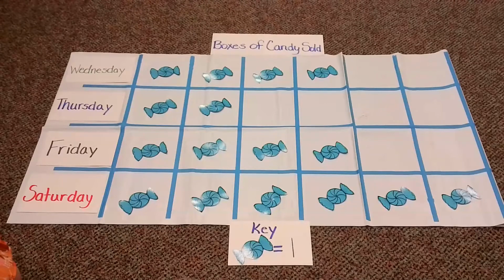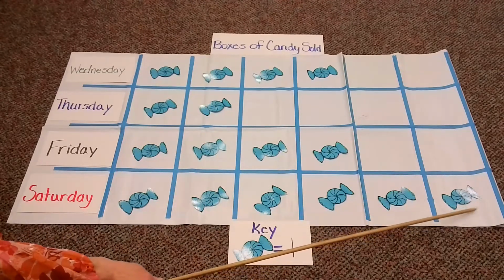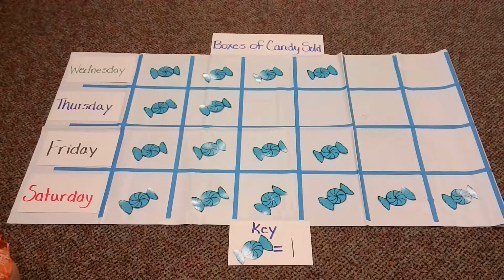Right there, right on that weekend day, Saturday. Let's count and see how many boxes were sold that day. 1, 2, 3, 4, 5, 6. 6 were sold that day. Why does it have the most? Because not only does it have 6, it has the longest or largest group. So that was very easy to see.